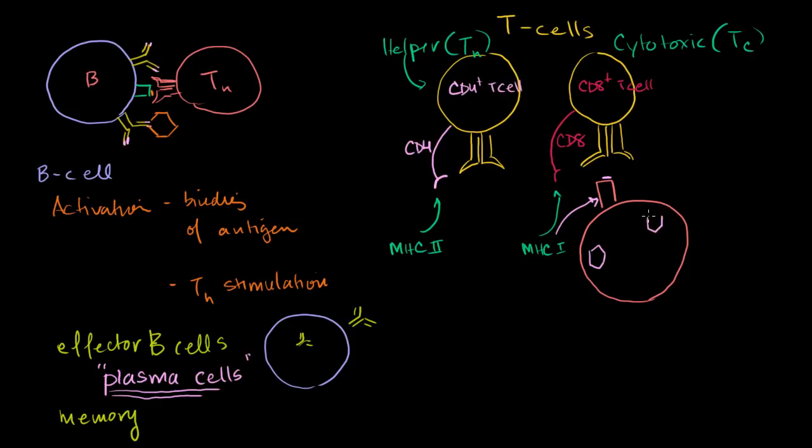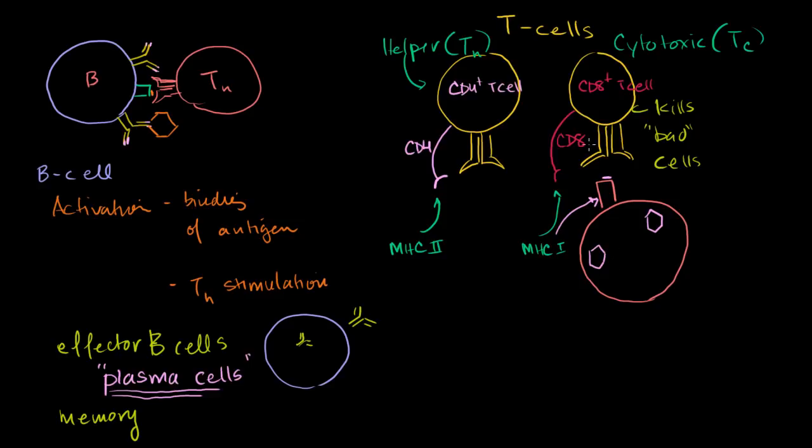Maybe a virus has infected it. Maybe it's cancerous. It needs to die. Otherwise, it's going to keep producing viruses if it's infected by a virus, or it's going to keep dividing if it's a cancer and infect the rest of the body. So the CD8 kills infected cells. I'll just say bad cells, because cancer really isn't an infection. Kills bad cells.